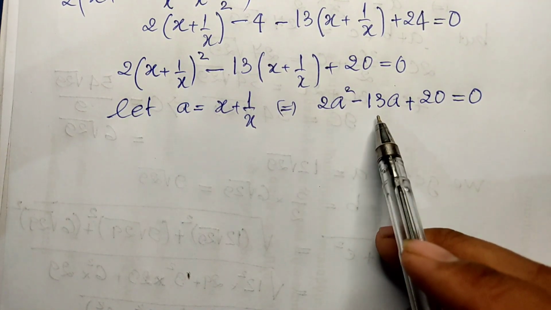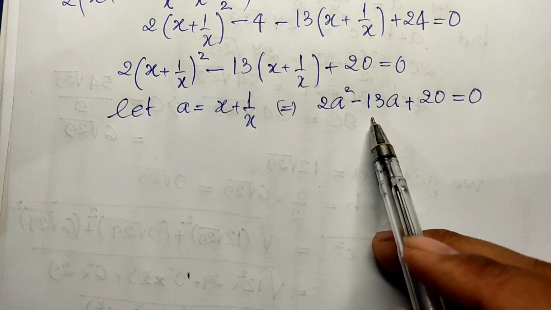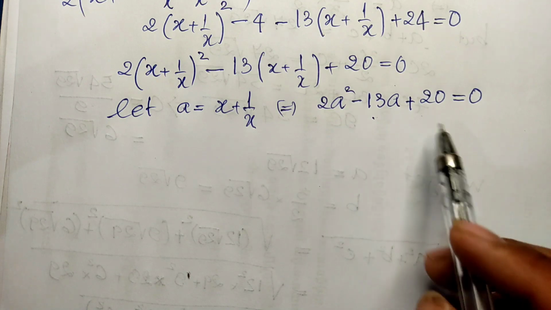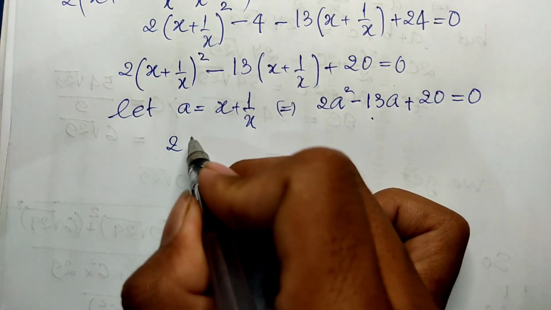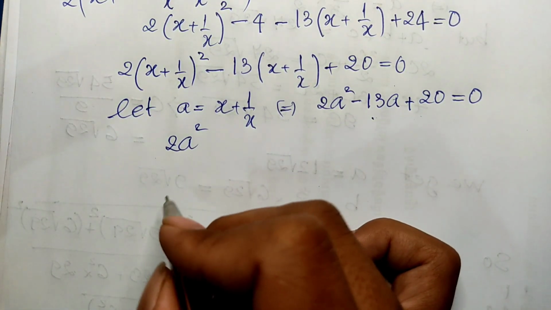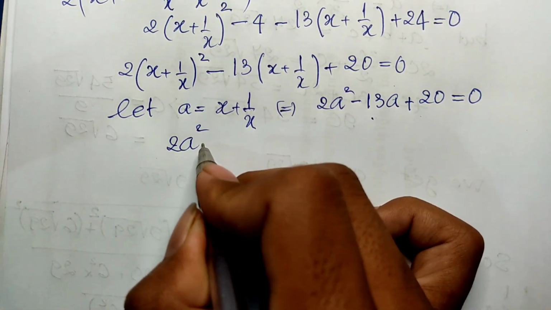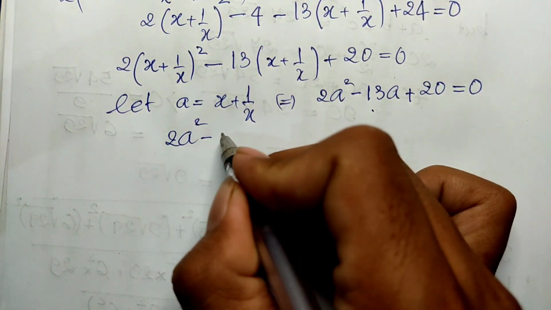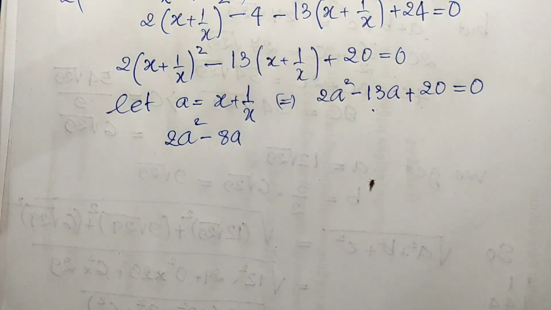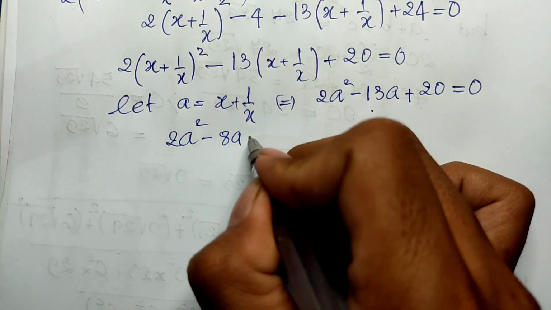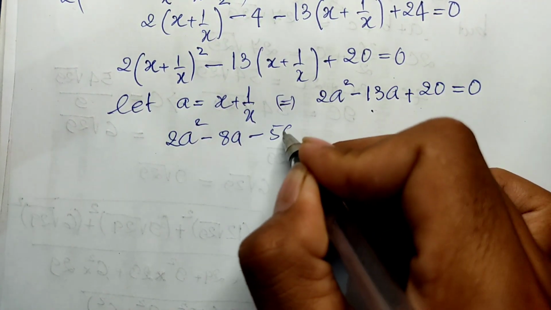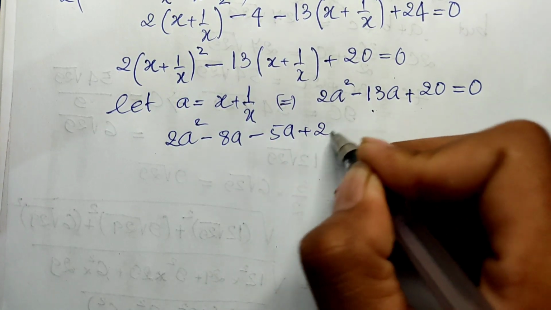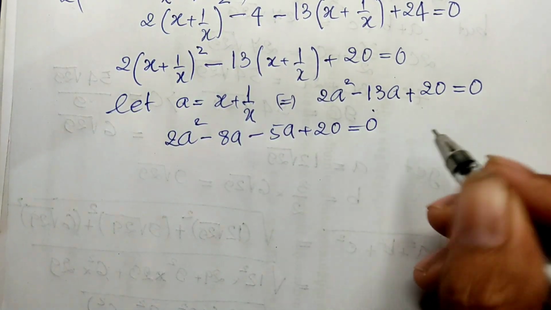And for this equation, we can also write it as 2a squared minus 8a minus 5a plus 20 equals 0.